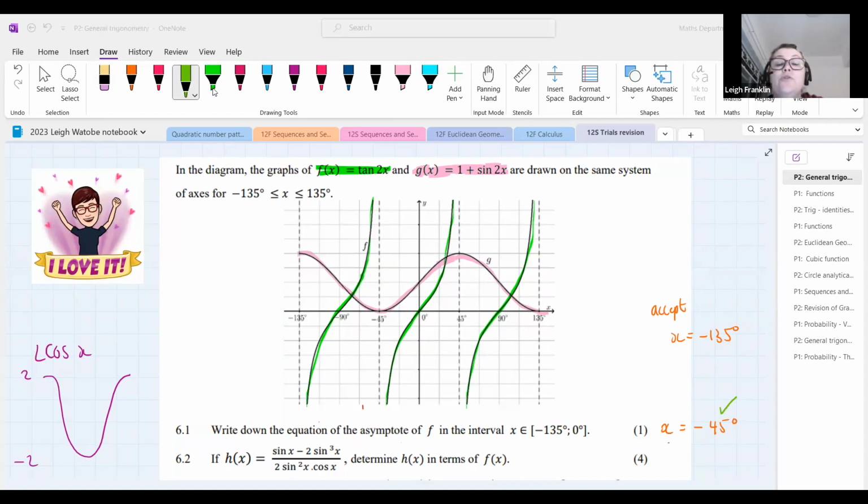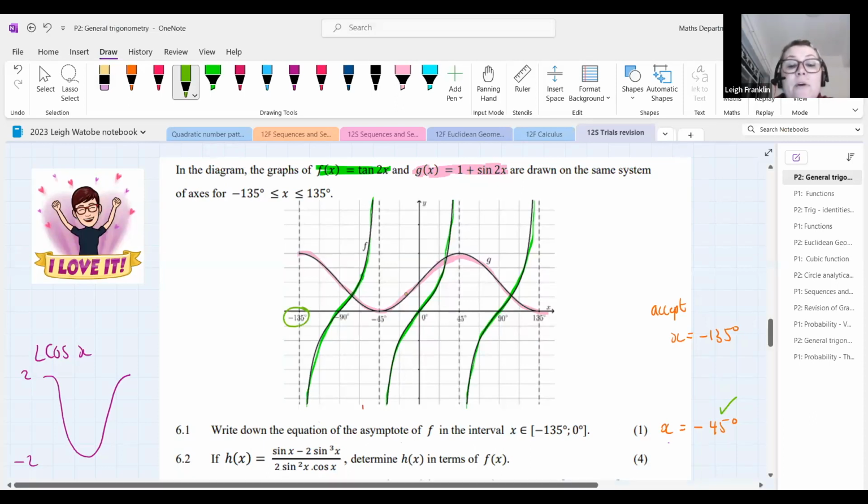Cool beans. Jude, you're saying no, why not? Okay, so from -135 to 0, there are 2 asymptotes. Either it would be the line x equals -135, or it would be the line x equals -45.